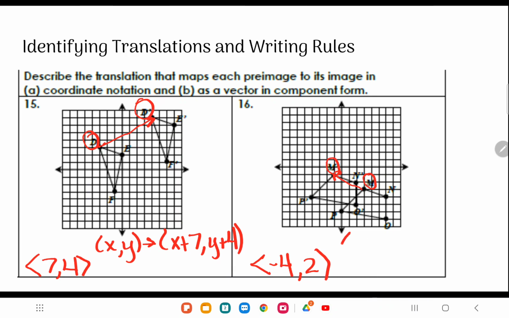And my coordinate notation is (x, y) to (x - 4, y + 2). So I hope that's been a helpful introduction to translations using coordinate and vector notation.